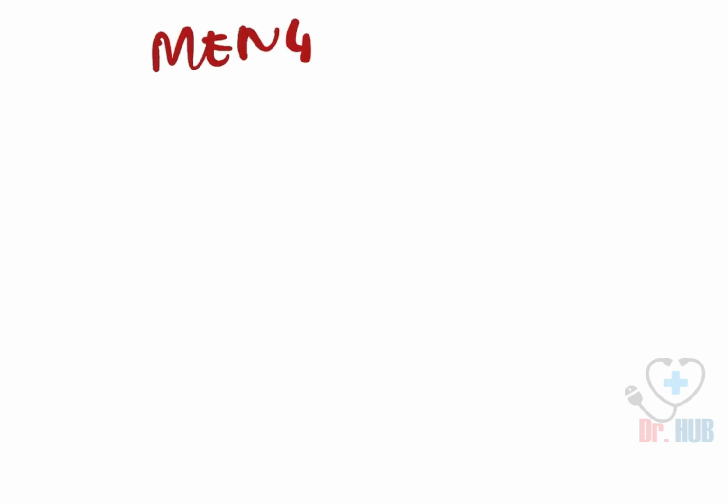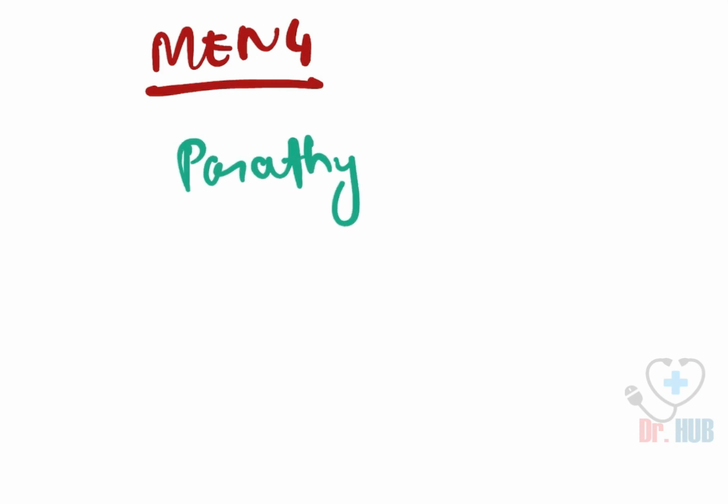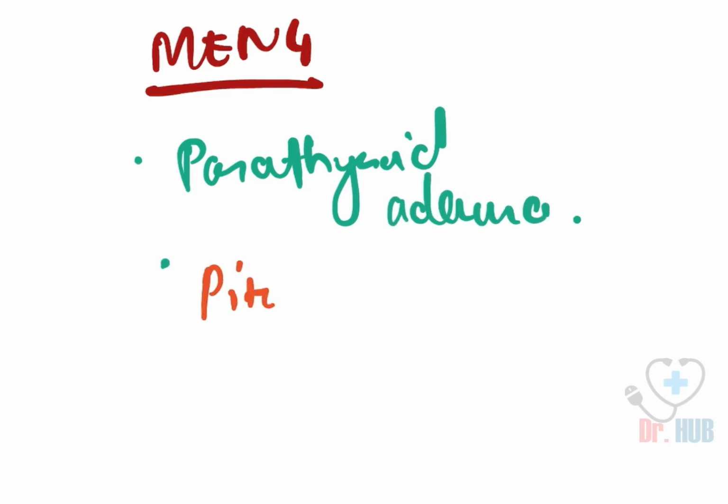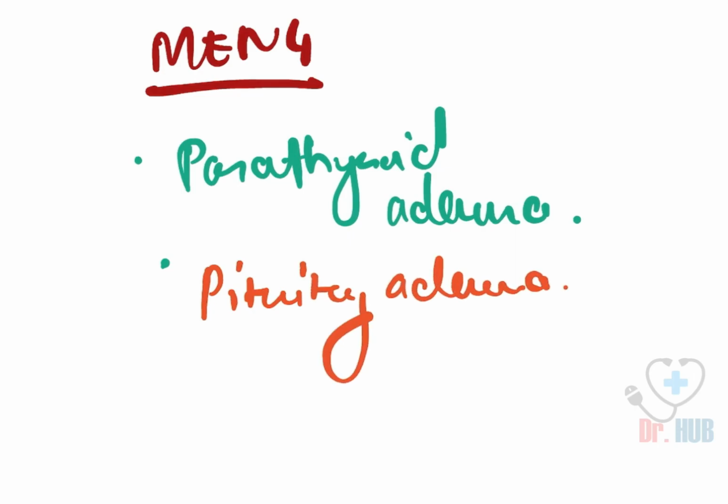So lastly, the last question we asked was, what are the associated conditions in case of MEN 4? Here the associated conditions include the parathyroid adenoma. Next, it includes the pituitary adenoma.